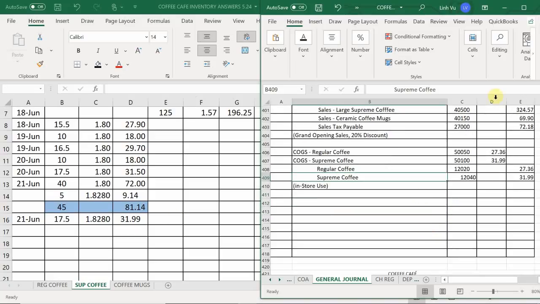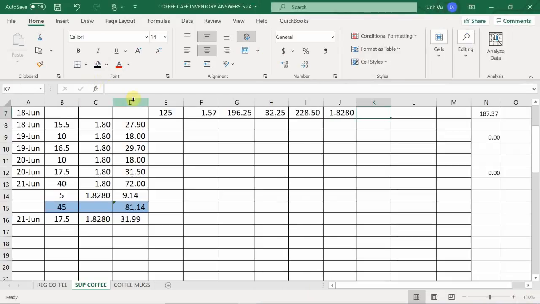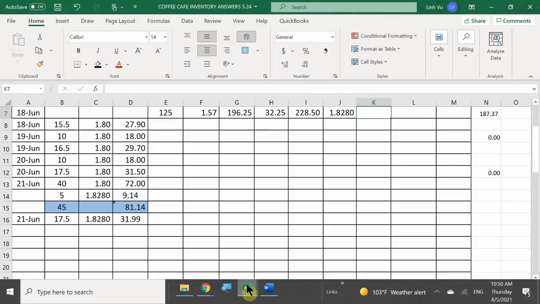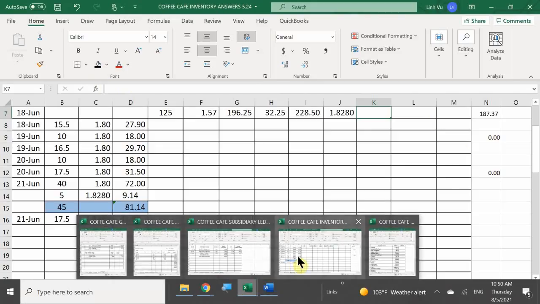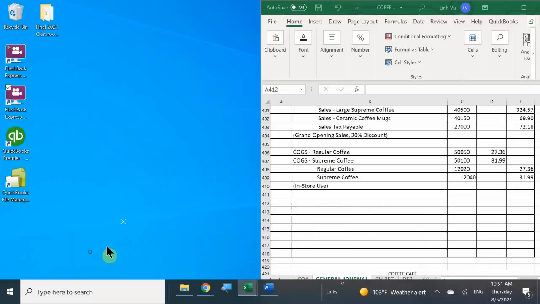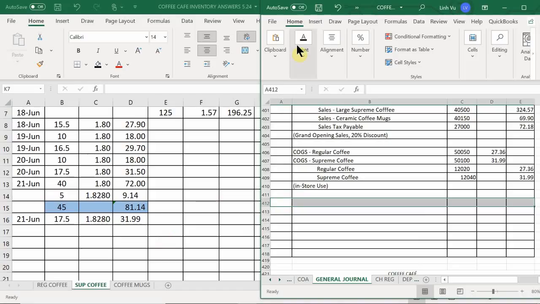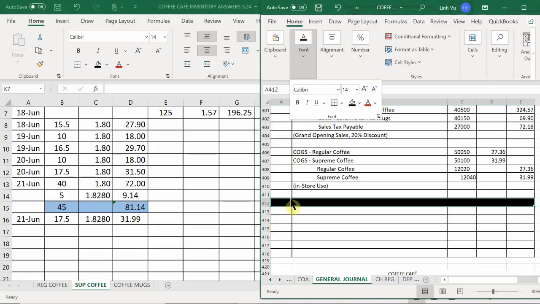Because we reached the end of my journal for the transactions, I'm going to put in my little bar here. That represents that I'm completely done with the transactions for the week.